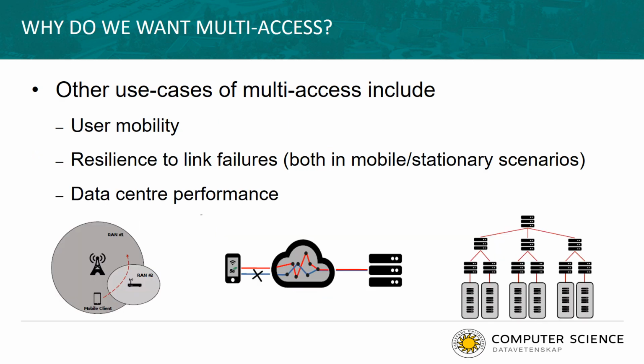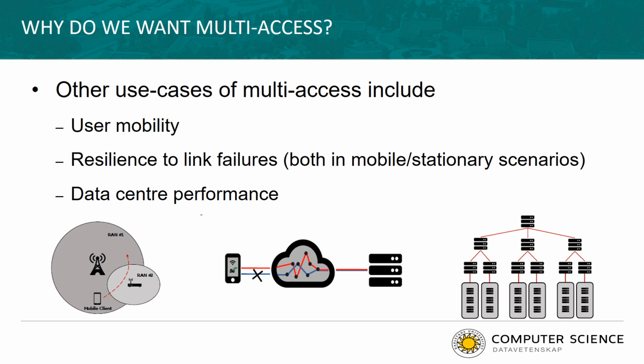But we also have many other very important use cases for the multi-access. And one of them is to more seamlessly support user mobility. So if we move in and out of coverage between different networks, if we can have the different connections up simultaneously, we don't have to restart our connections and have perhaps an interruption in the communication.